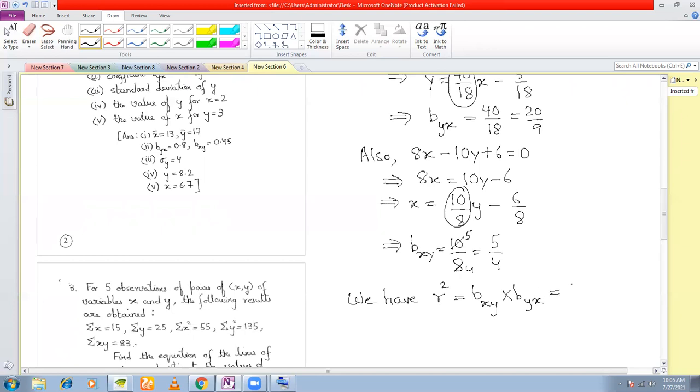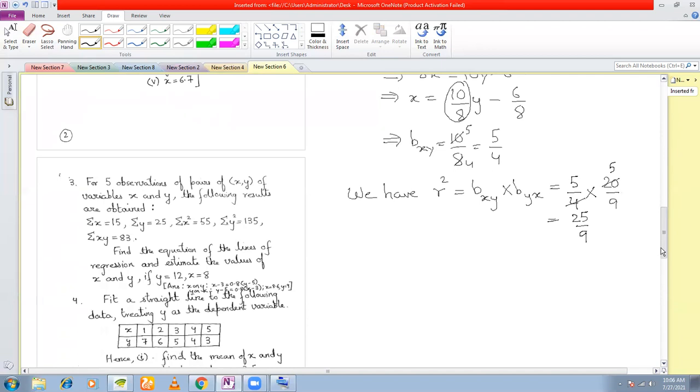Which is equal to bxy is 5 by 4 and byx we have got as 20 by 9. Okay. So how much are we getting here? Cancel this. You're getting this as 25 by 9, right? So what is the value of r square? r square is 25 by 9.